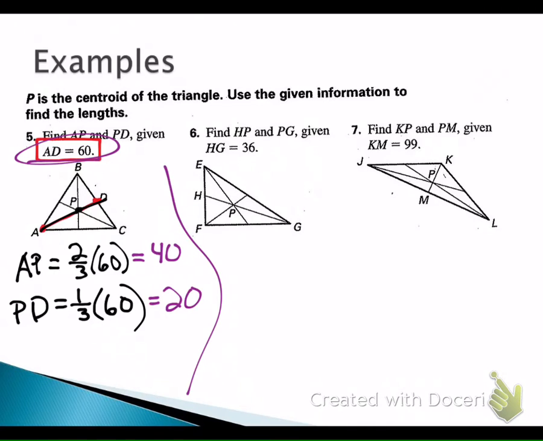All right, same thing here. So HG is 36. I want to find HP and PG. Which one's the longer one, HP or PG?